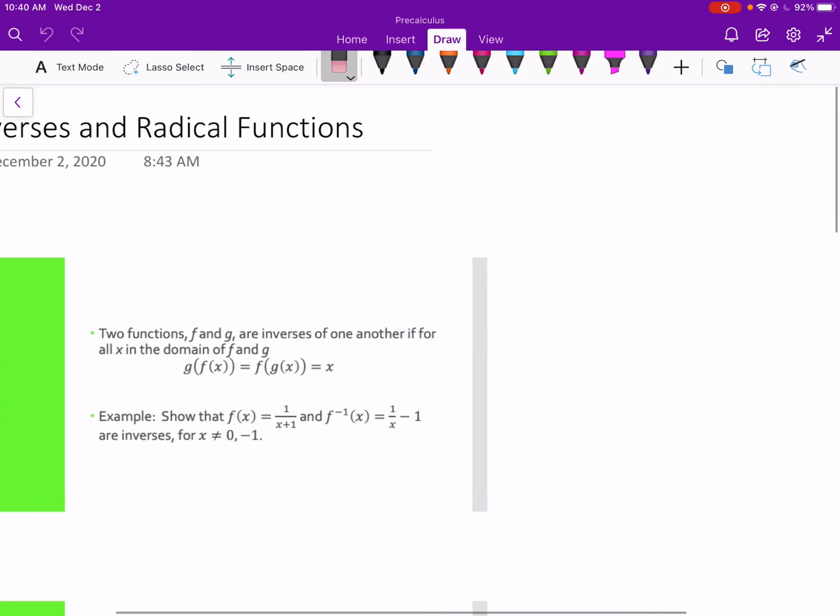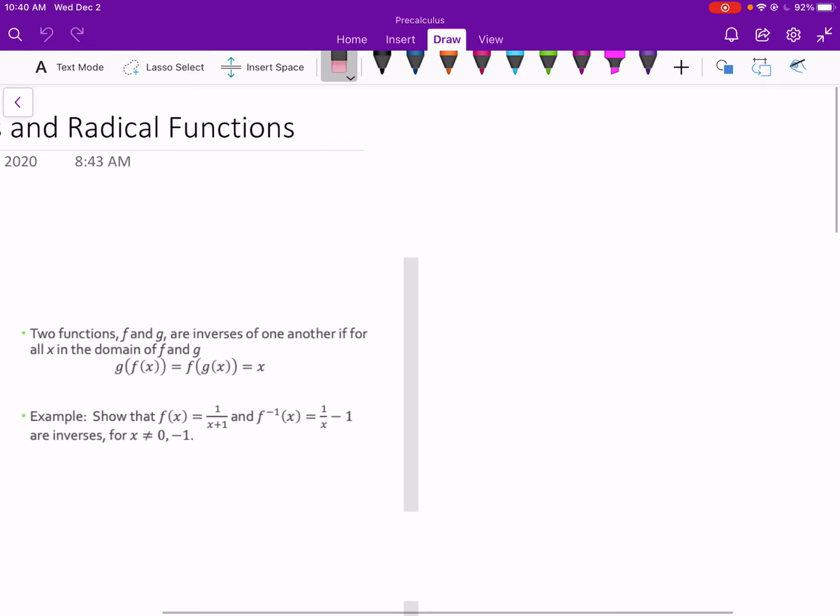So let's show that f of x and its inverse are actually inverses, except for x equals 0 and -1. Our first step is to do f of g of x.